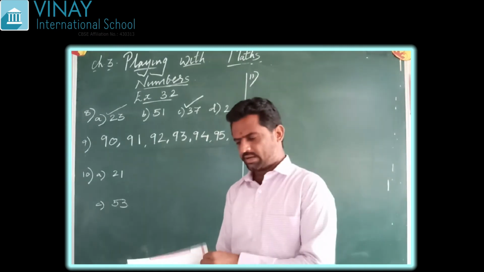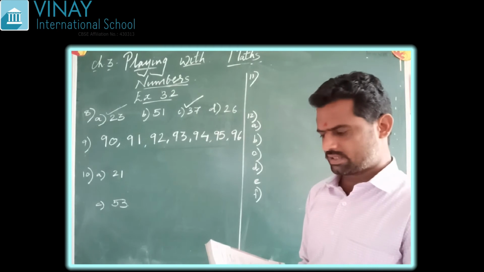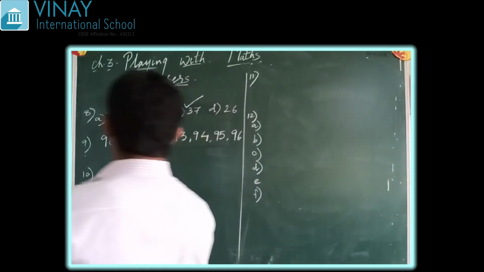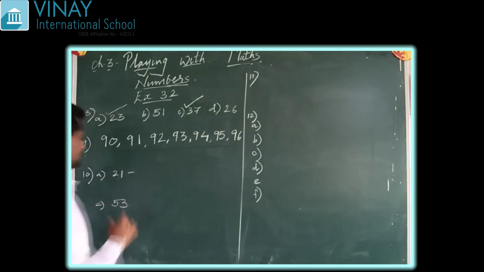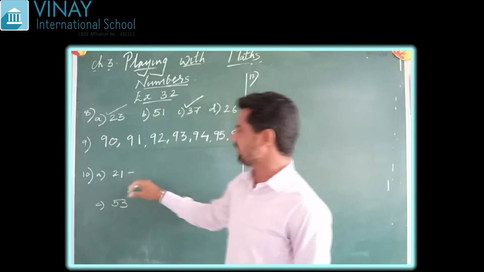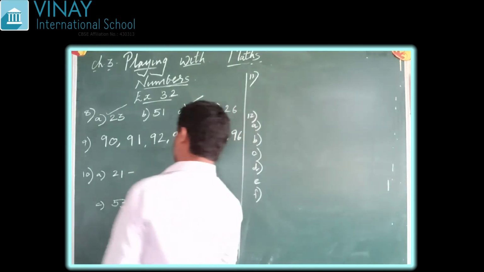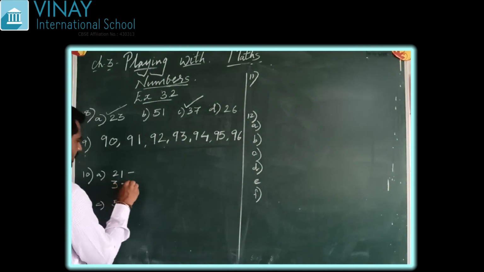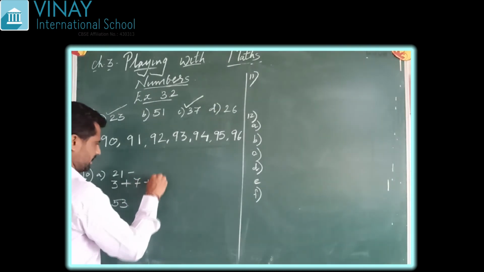Question number 10. Express each of the following as the sum of 3 odd primes. Now here we have to express 21 in such a way that it is the sum of 3 odd prime numbers. Now 21 can be written as 3 plus 7 plus 11.